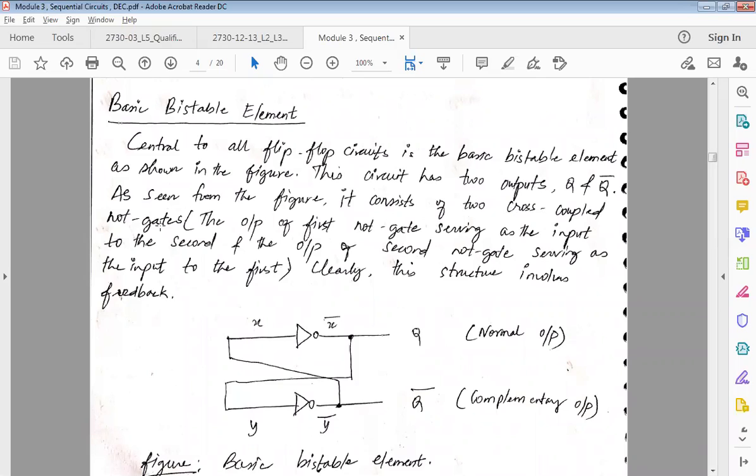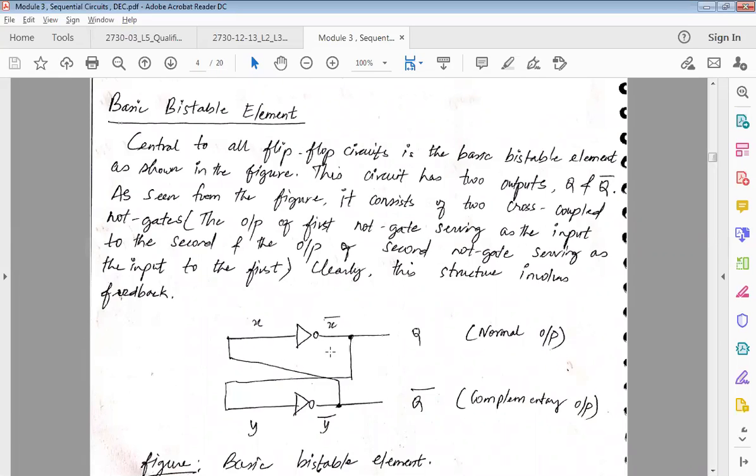What do you mean by cross-coupled? The output of one is connected to the input of the other. Which means till I get the output of the first inverter, I will not be able to check the output of the second stage, because it is dependent on this output.